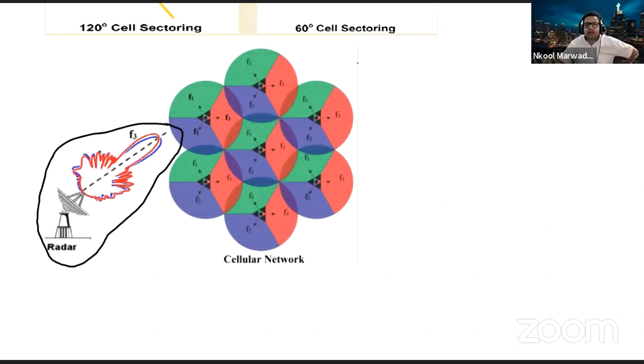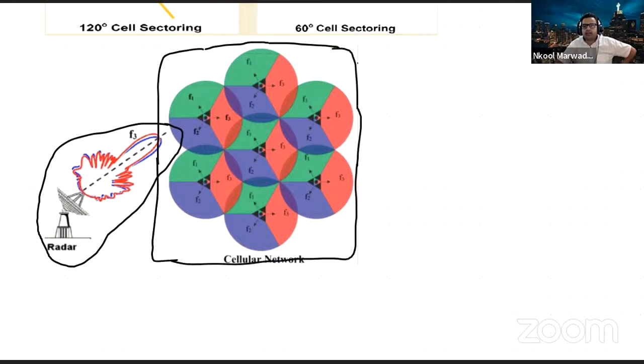And this is a cellular network wherein every circle represents a cell, and every cell is sectored with 120-degree cell sectoring. This green region is one sector. A directional antenna is installed, which is a base station given its own group of frequencies. It emits and receives directional signals, and the coverage area will be 120 degrees. So this is the idea.